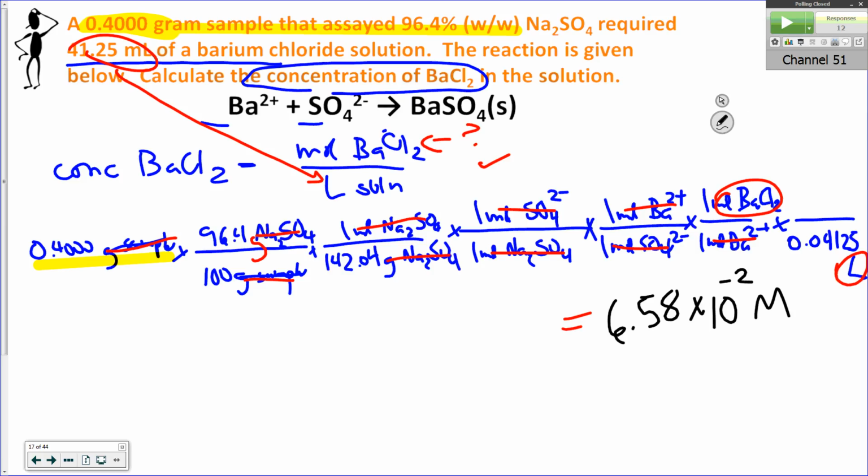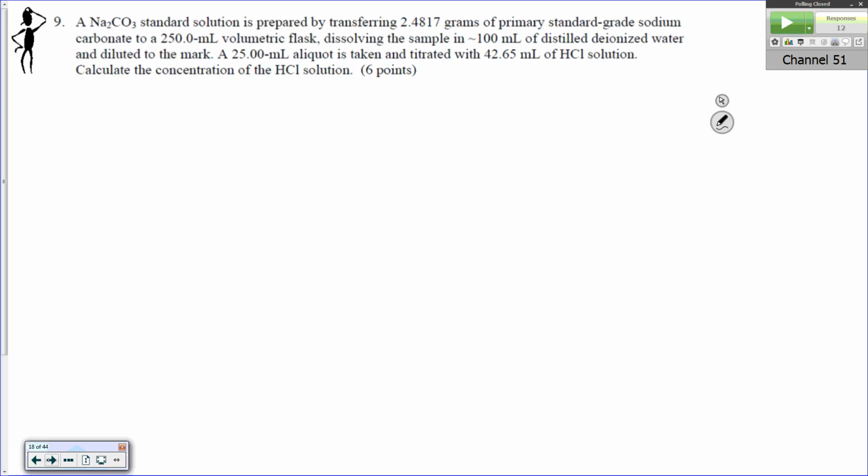Let's do another one. As you can see, this was a test question. This would involve some dilutions. So just to make sure you follow through all the steps, you've got some sodium carbonate standard. You took a certain mass of it that's primary standard grade. That means it's pure. You put it into a 250 ml volumetric flask.